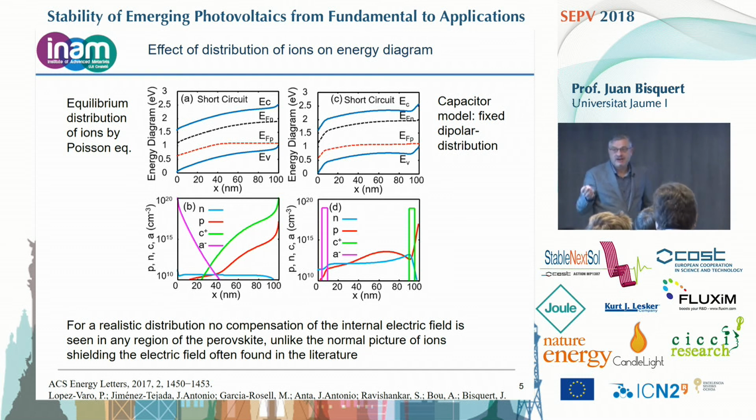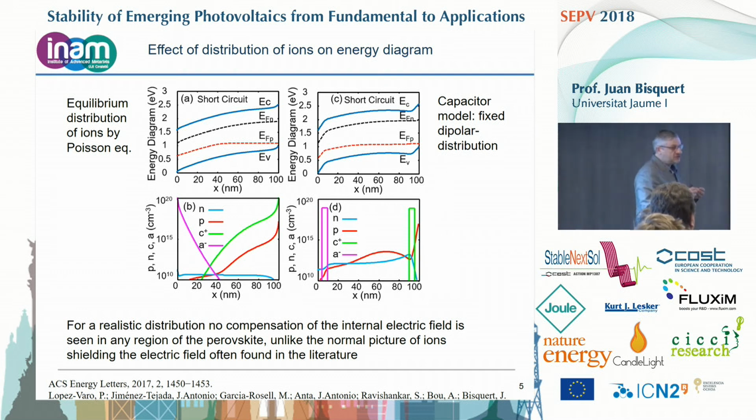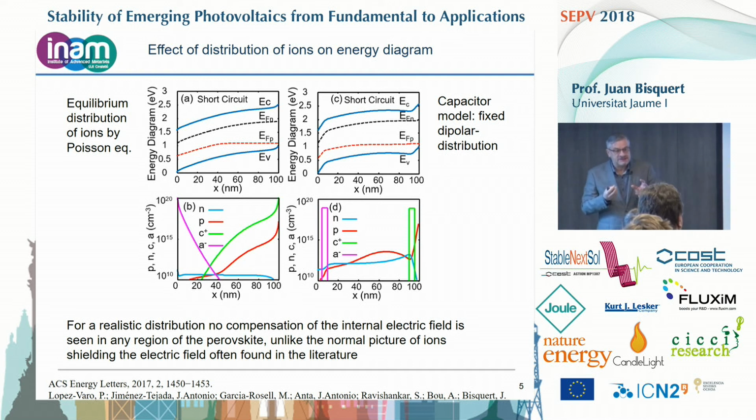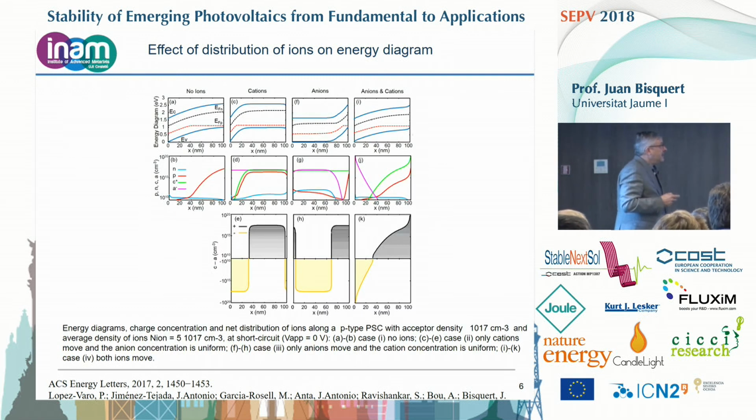She's here, and we'll talk later also. She's doing these nice simulations because we want to know the distribution of ions, for example. It's quite important because this will control the Schottky barriers, the electrostatics, and then the energy diagram. This is something we want to know in more detail, and this is advancing.